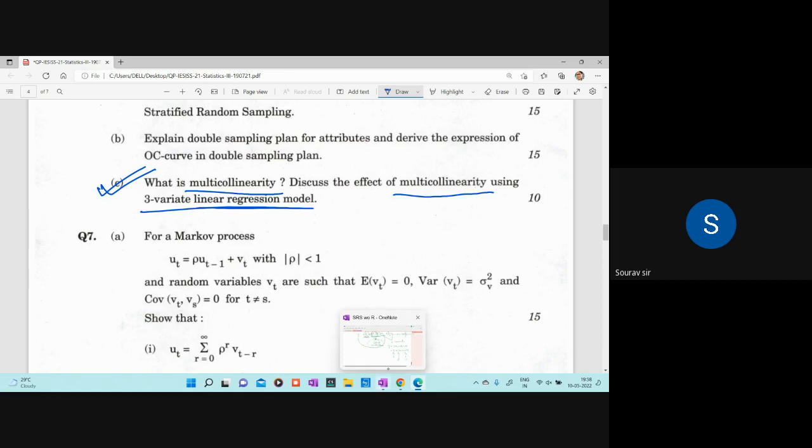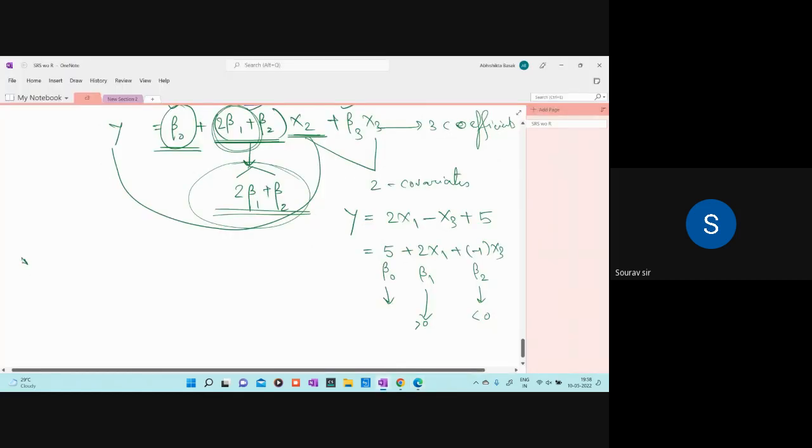And not only that, one more point you may add over here is that multicollinearity affects the variance of the beta i's.